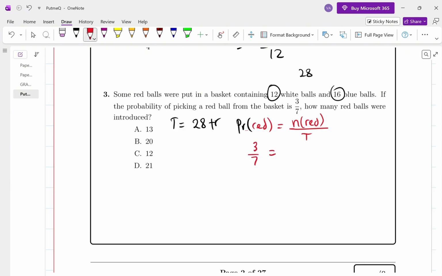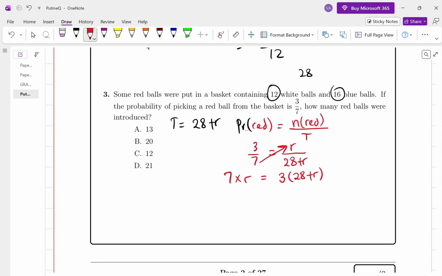The number of red balls was R because they added the red balls, divided by the total number, 28 plus R. The next thing we're going to do is cross multiply, so that's 7 times R equals 3 brackets 28 plus R.